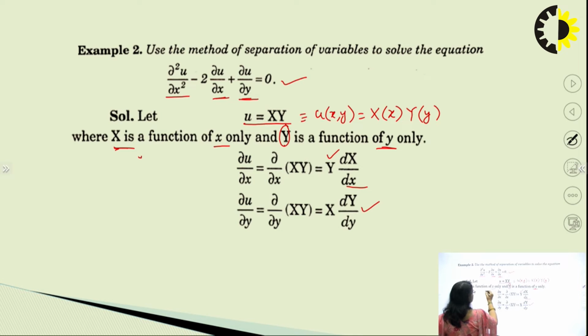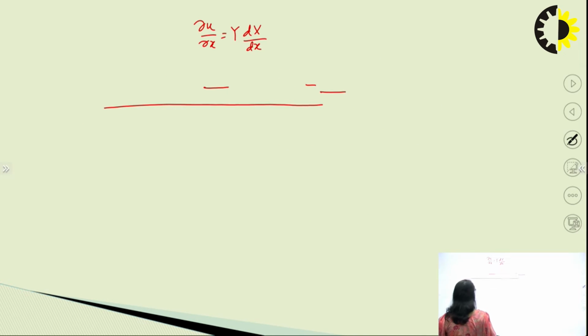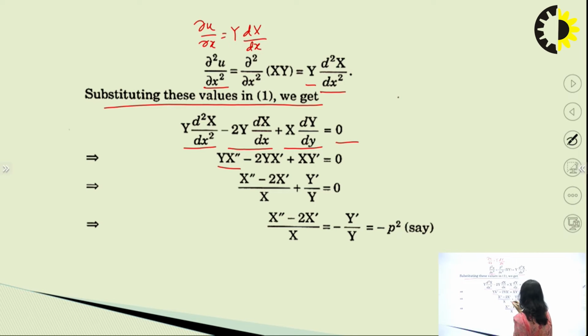This was the given equation, so this was my equation number 1. If I substitute these values in equation 1, I am getting Y d2X by dx square minus 2Y dX by dx plus X dY by dy equal to 0. So in symbolic form I can write Y X double dash minus 2Y X dash plus X Y dash equal to 0.